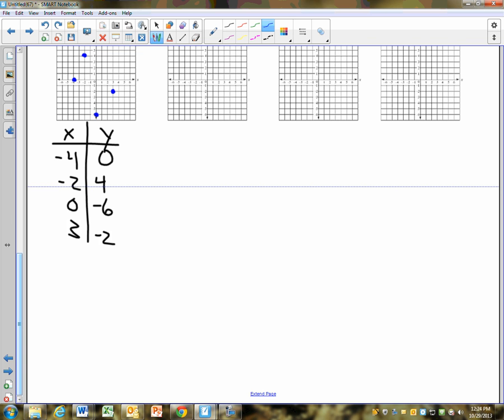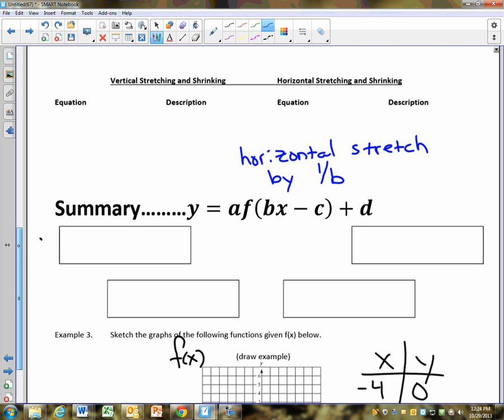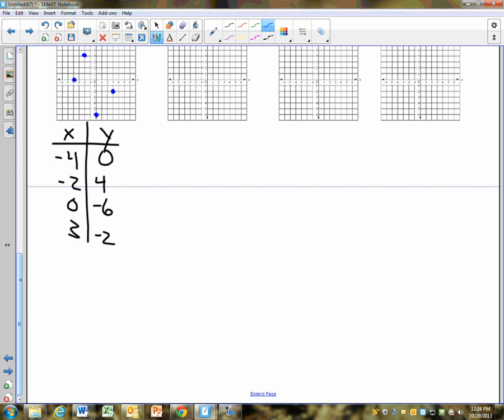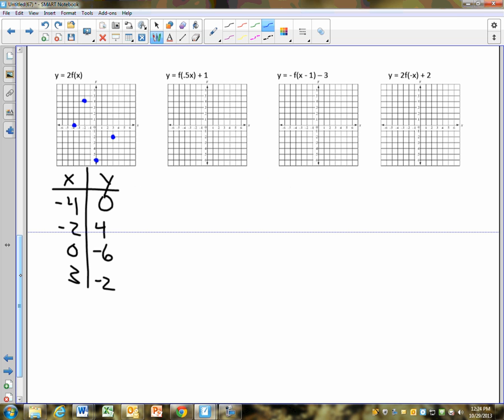So, good question. Our x values, if you notice, are exactly the same as what we had. The only way that you know what those are is because I gave them to you. So that's what we just start with. And because there's nothing that happens on the inside of the function, the x values don't change.